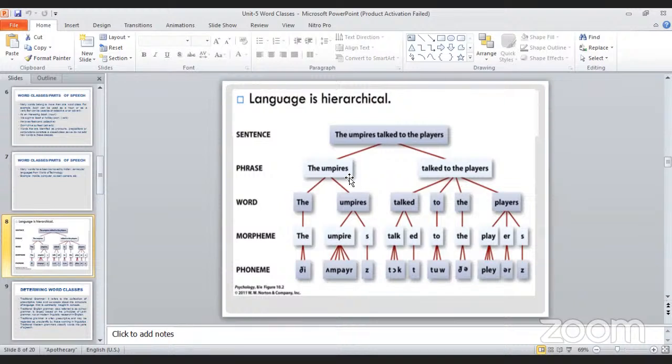Can anybody tell me what is a sentence? Combination of words. Okay. Any other definition? Shamu says combination of words. Let me give you an example. Tree, man, tall.